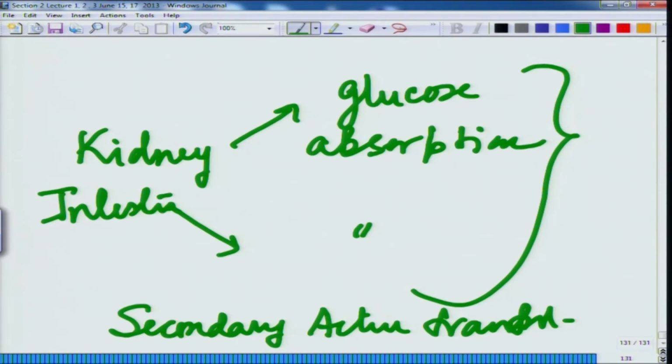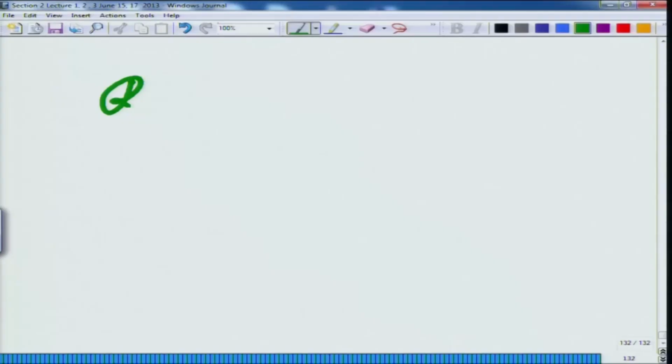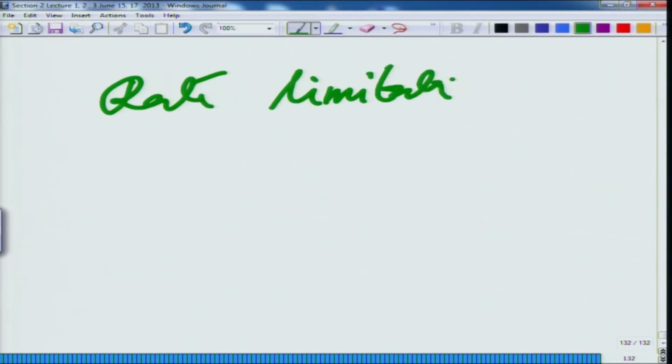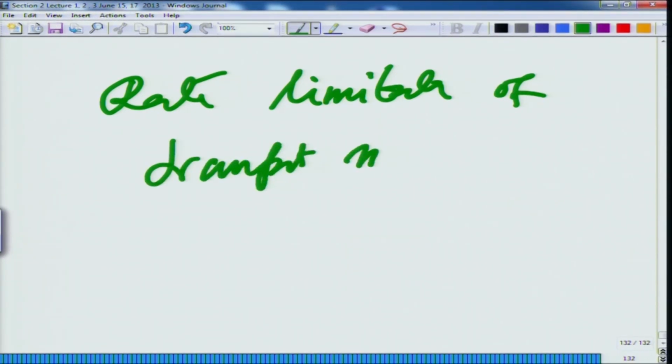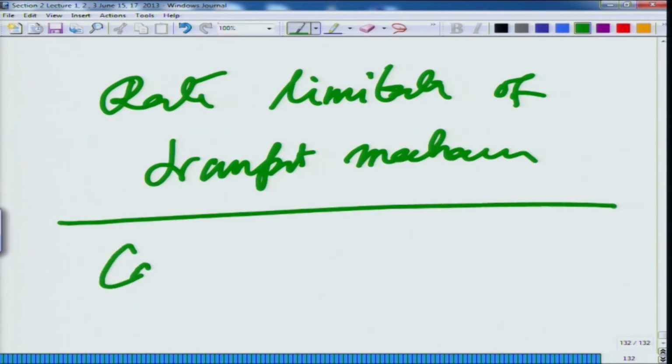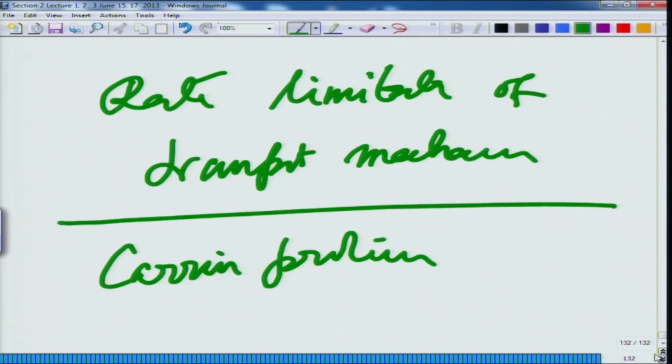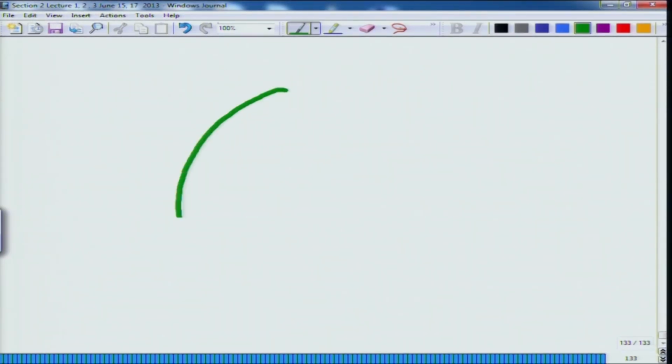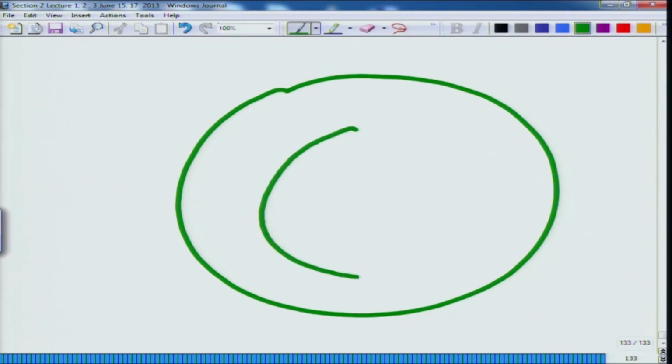The rate limitation of these transport mechanisms depends on the carrier proteins, and on the overall composition, if you look at it inside and outside the cell.